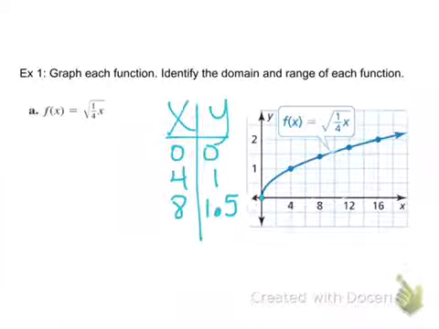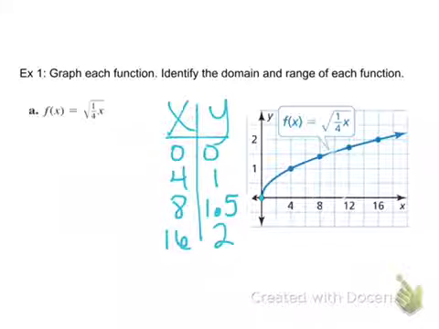I'm not going to write it because I don't know exactly, and 16, 2. Okay, the 1.5 may be just a little bit off as well. But for sure, 0, 0, 4, 1, 16, 2, you can see exactly whenever you put it in your calculator.